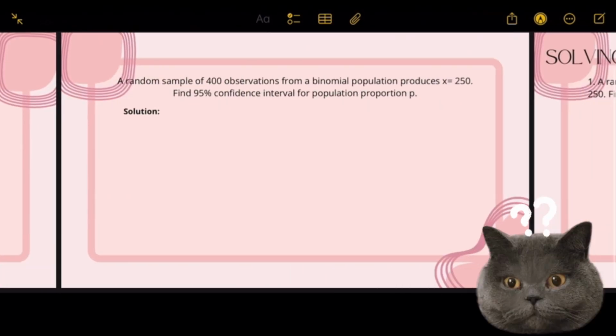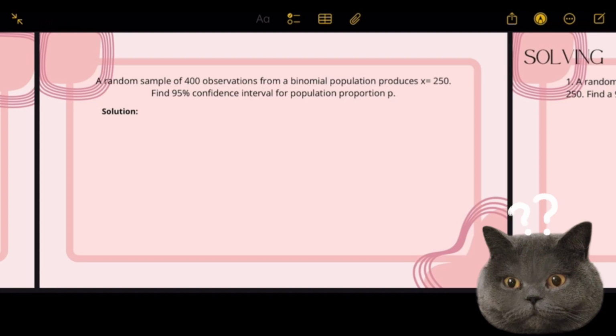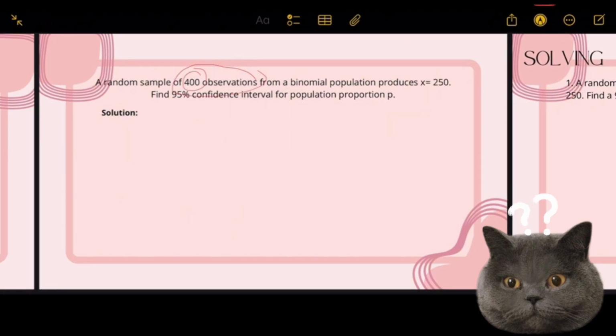Here's an example. A random sample of 400 observations from a binomial population produces x is equal to 250. Find the 95% confidence interval for population proportion P. So, our n is 400 observations.